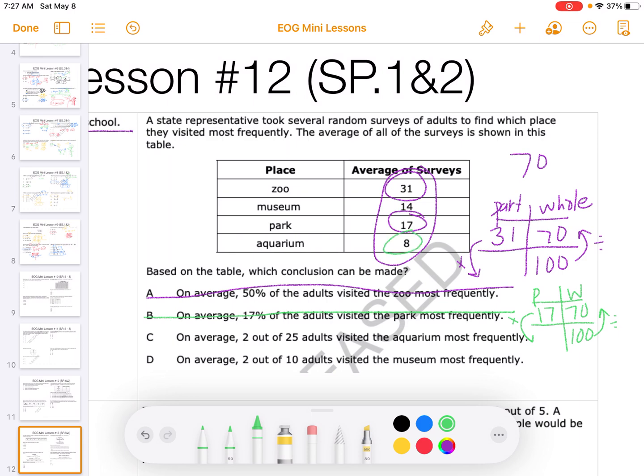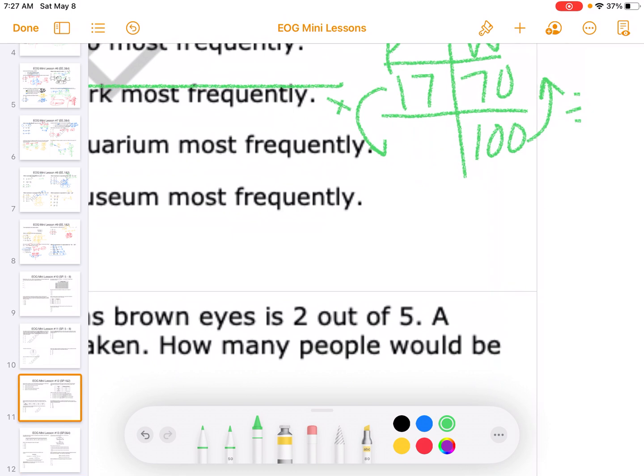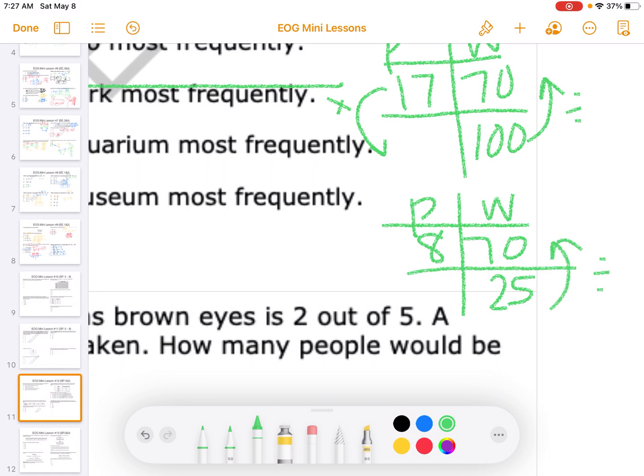On average, 2 out of 25 adults visited the aquarium most frequently. So 2 out of 25. So we have our part and our whole. We know that 8 out of 70. So let's see if that's the same as 2 out of 25. Divide going up, multiply coming down.